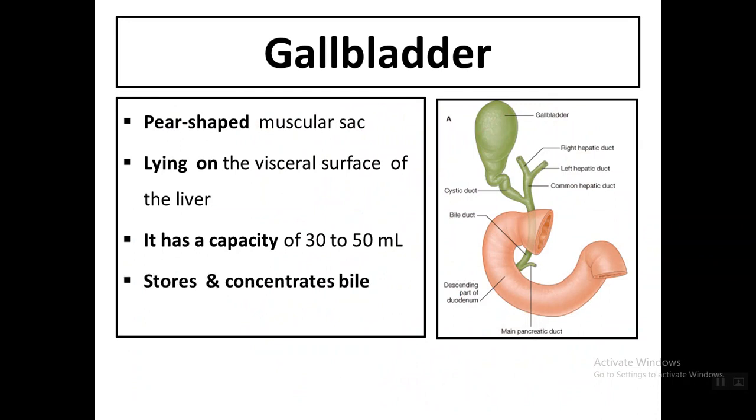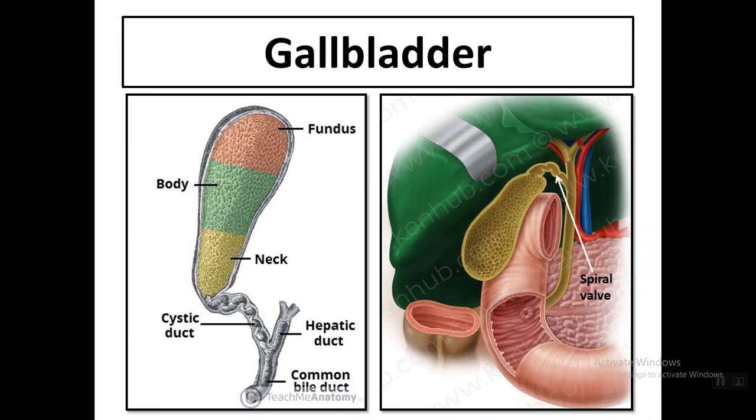Its function is to store and concentrate bile after its secretion from the liver. It can be divided into fundus, body, and neck. The neck will lead to the cystic duct. The cystic duct will unite with the common hepatic duct to form the common bile duct.